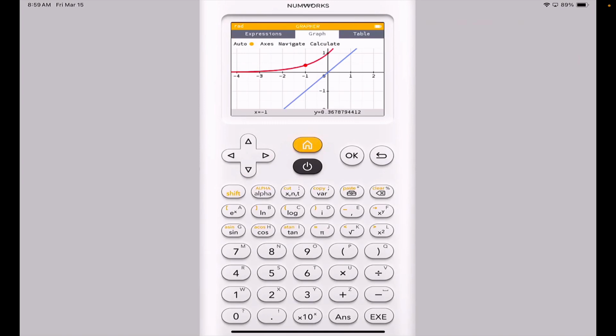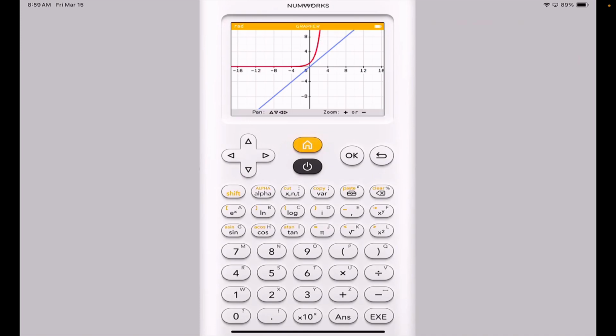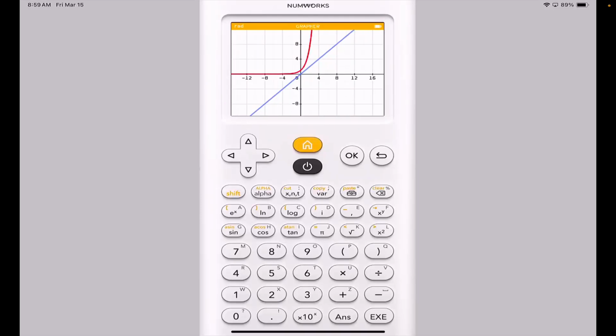To zoom in and zoom out, you just hit the plus and minus. If you want to zoom in, hit the plus. If you want to zoom out, you hit the minus. Navigate, if you want to see different parts of the graph, you can hit navigate. That shows you different parts of the graph.